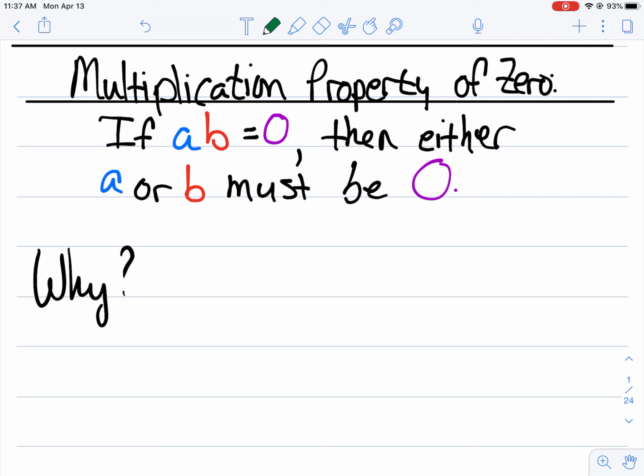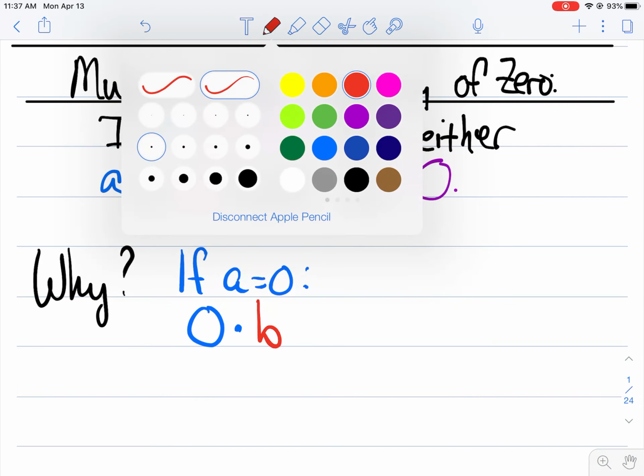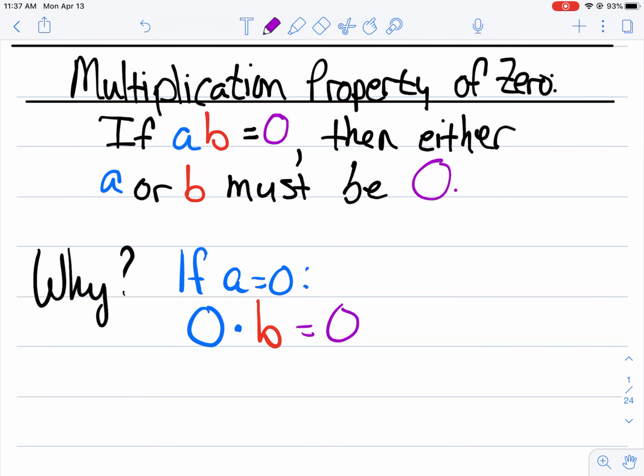Why is that? Let's say that A is 0. If A equals 0, we would have 0 times B, and that would equal 0.